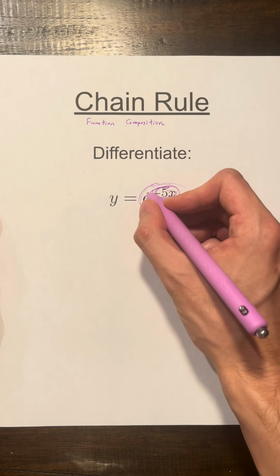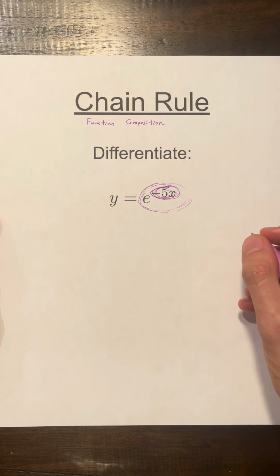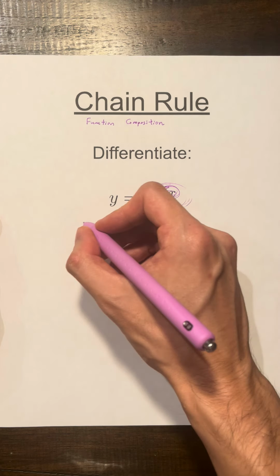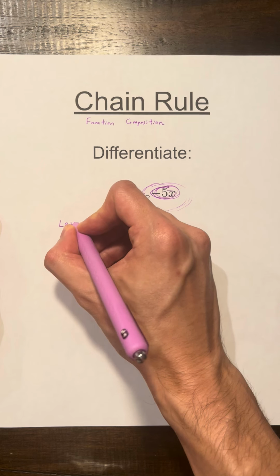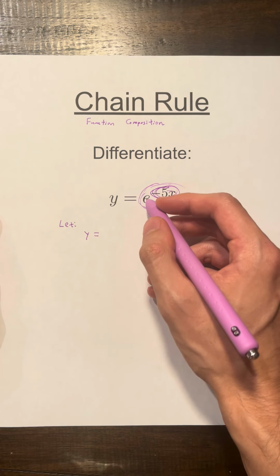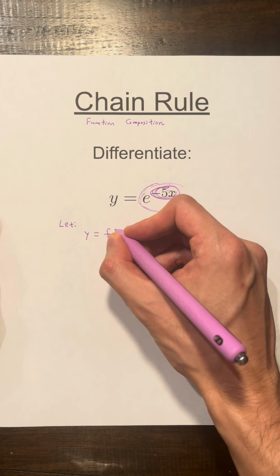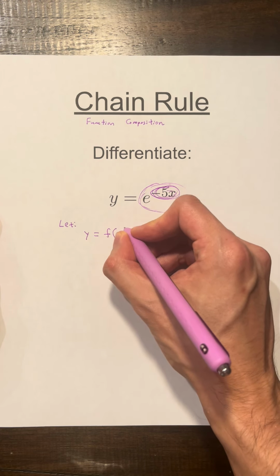Well, I'm going to call the outside function f. Okay, so let y equal, so this is going to be f of u.